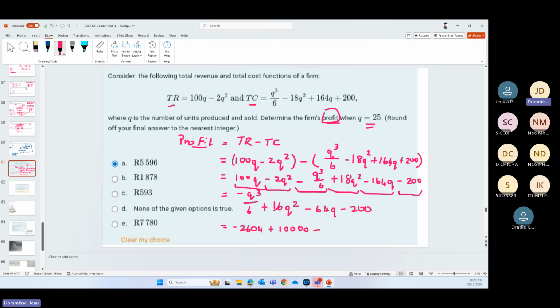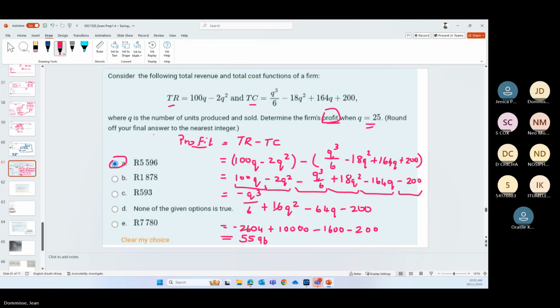Then 64 times 25 is minus 1,600. Then we have the minus 200. Let's hope it gets to that answer. So negative 2604 plus 10,000 minus 1,600 minus 200 is 5596. And thank goodness we got to that.